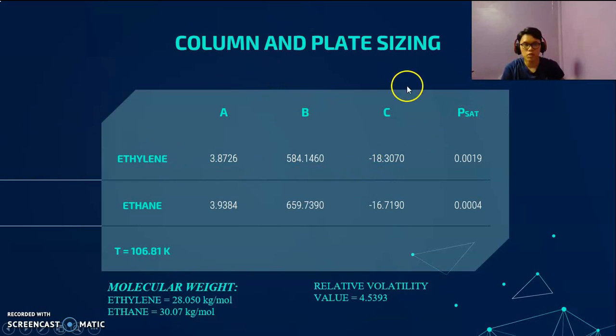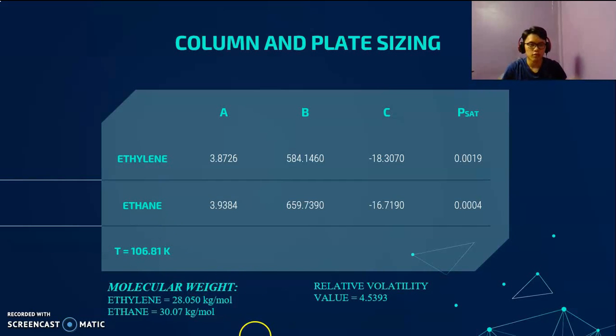After we got the A, B, C, we can calculate the Psat using the Antoine equation, and we will get the values respectively. The temperature is 106.81, where we are using the average of the dew point and the boiling point.